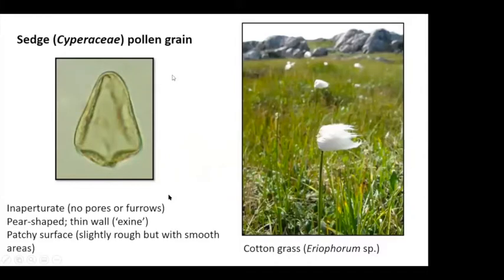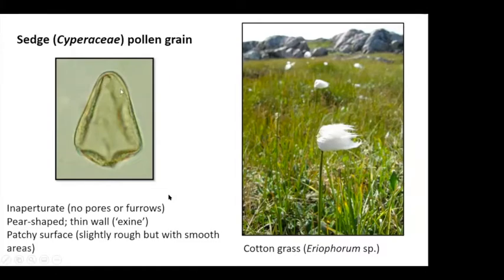In some cases, pollen grains don't have apertures at all. This is a pollen grain from a sedge, from cotton grass, this plant that we see growing on peat bogs with the cotton bud head to it.